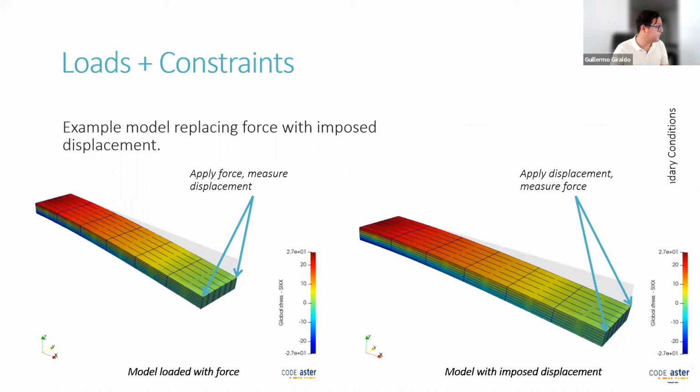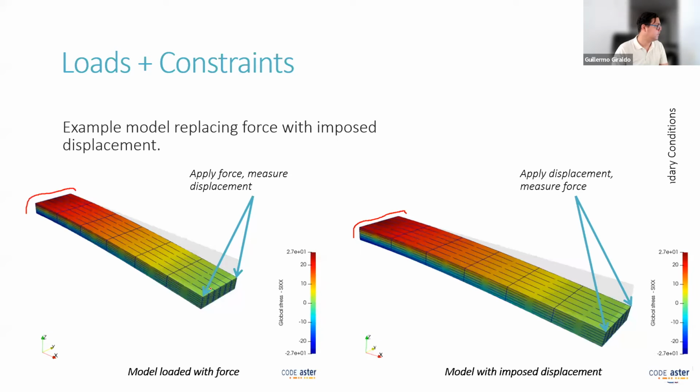And for that, I have this example, which is a simple cantilever beam under bending action, but I have modeled it in two ways. In the model on the left, both of them have the back region, here the back region is fixed support, so all of the degrees of freedom are fixed to 0.